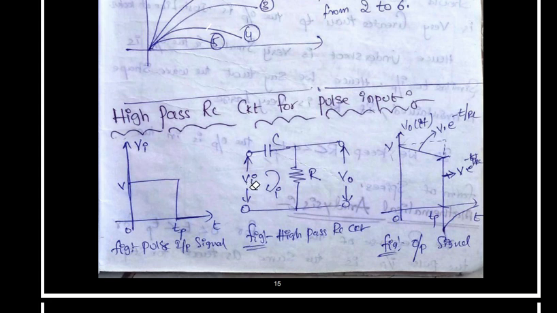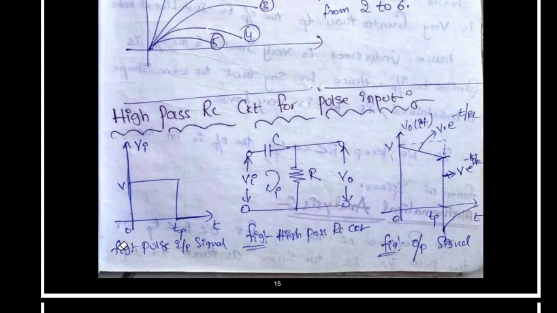Therefore, it simply behaves as a short circuit at t is equal to 0. So when the capacitor behaves as a short circuit, the entire signal is transferred to the output terminals. Therefore, at t is equal to 0, V0 is equal to Vi. That is the second case.